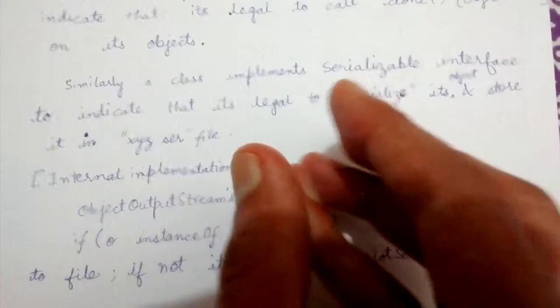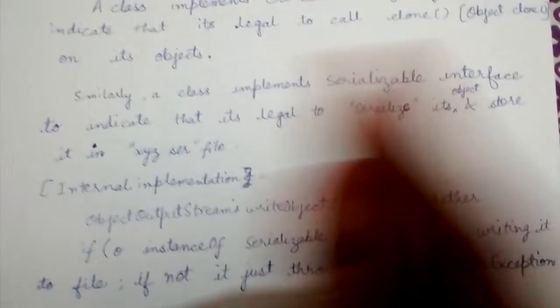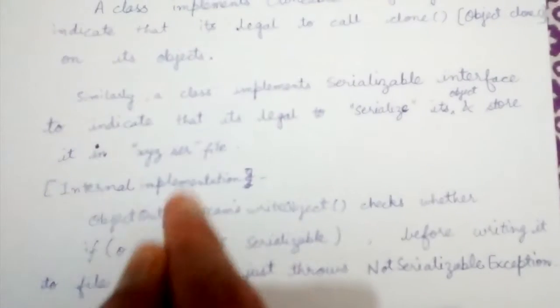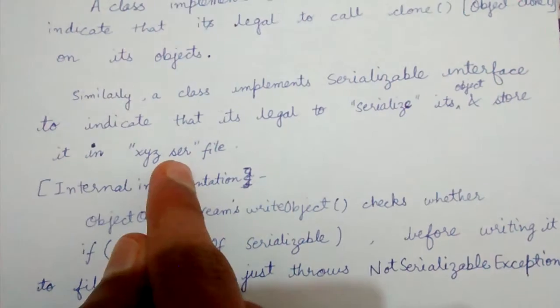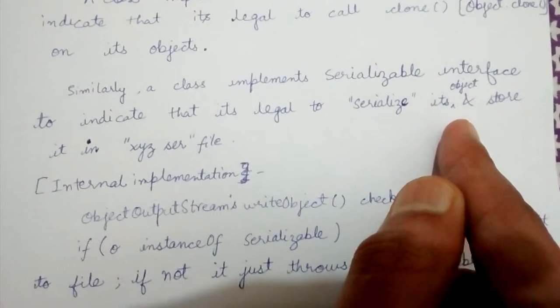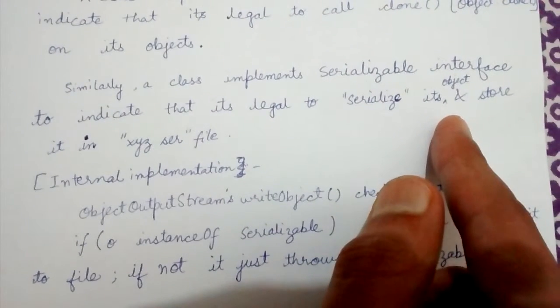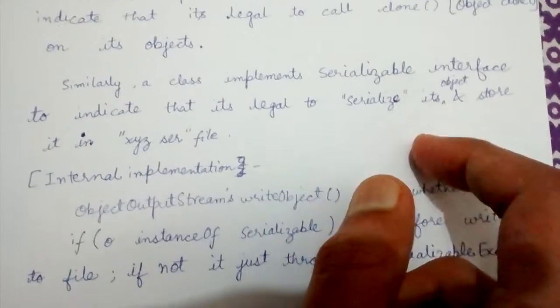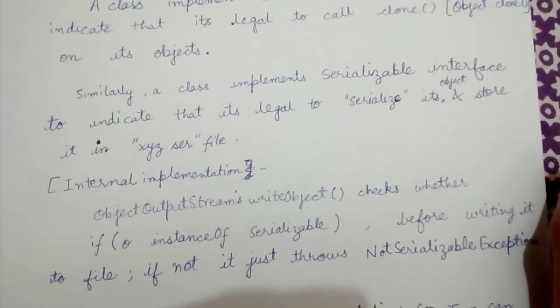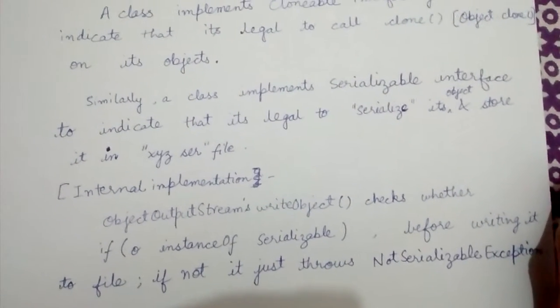If you want to transfer an object from one place to another, let's say from one computer to another, then you can write that object to this xyz.ser file and mail it to your friend who is using another computer, and he can download this ser file and read it to decode that object.